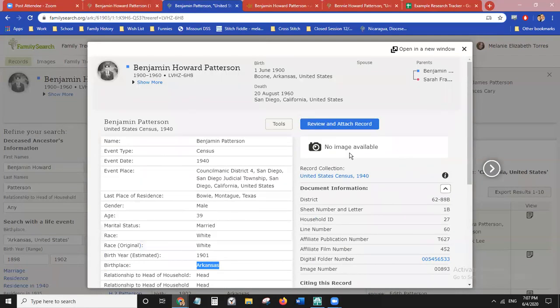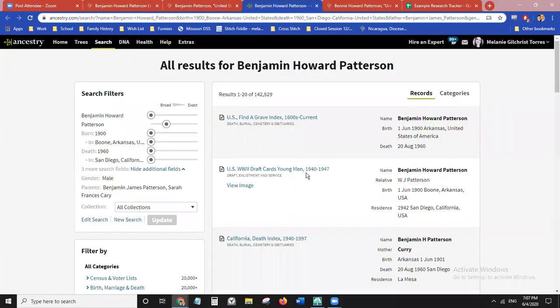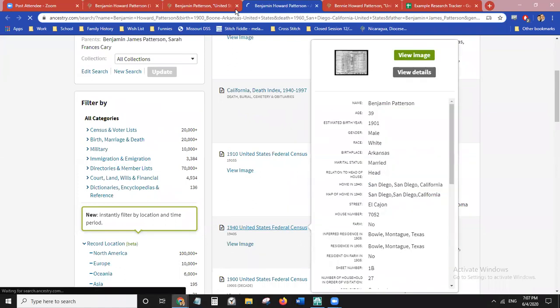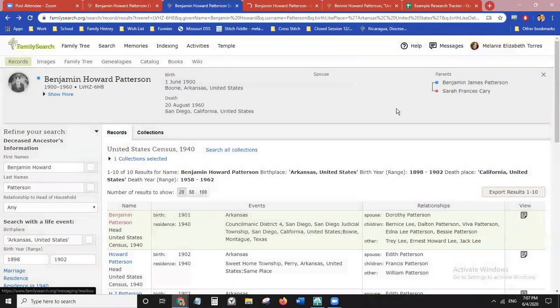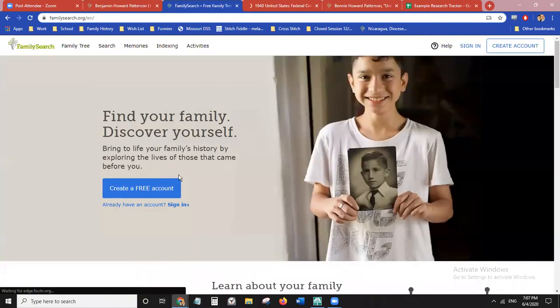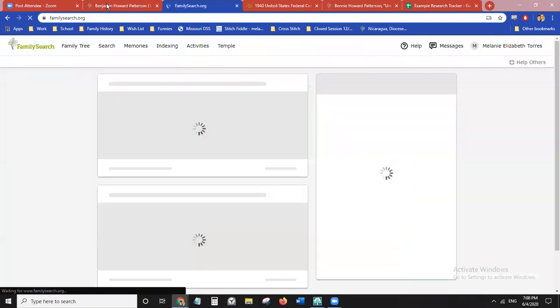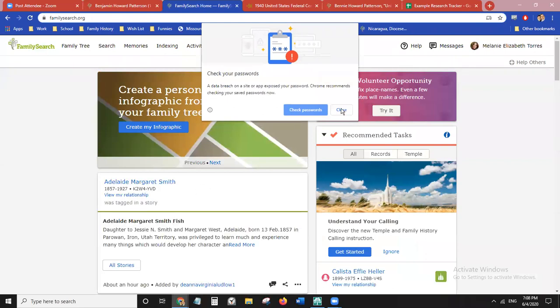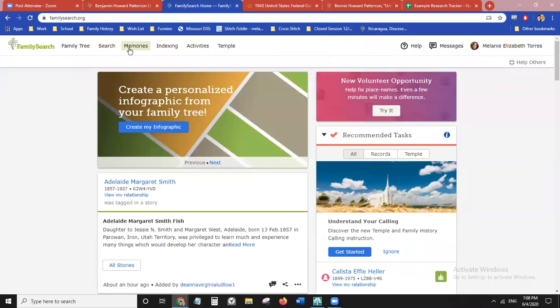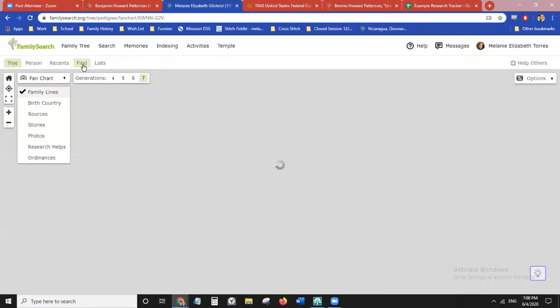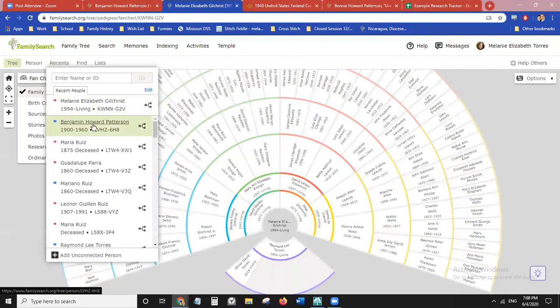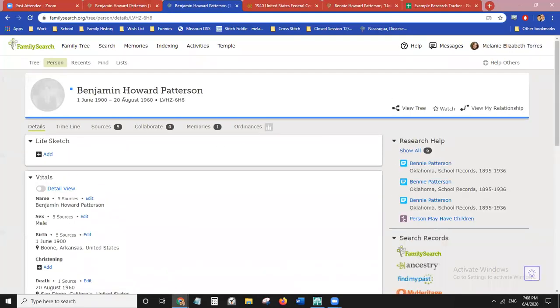Now, I'm not sure why the image is not showing up here. That might just be a fluke on FamilySearch. Maybe I need to log out and log back in. Let me try that. Okay, I'll go to my recents, that way I don't have to look for all that information.